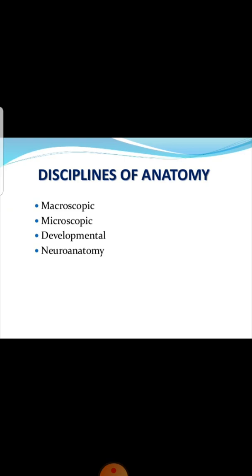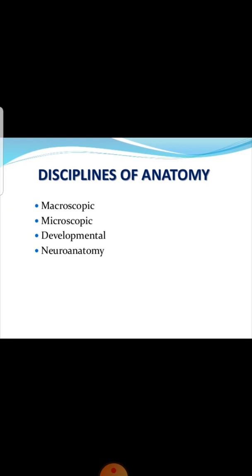The next one is microscopic or histological anatomy, and in this you need an aid, that means an instrument or a microscope, to study the structure. You basically study the tissues and cells of the structure in microscopic anatomy.